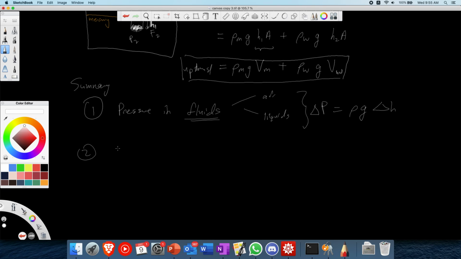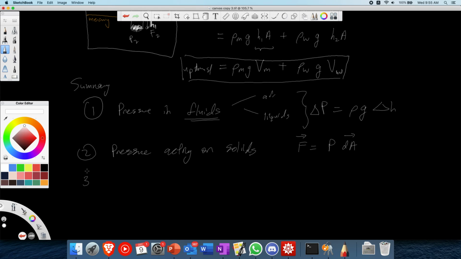Then I talked about pressure acting on solids, which is essentially F equals P dA, where the direction of F is given by the normal vector.